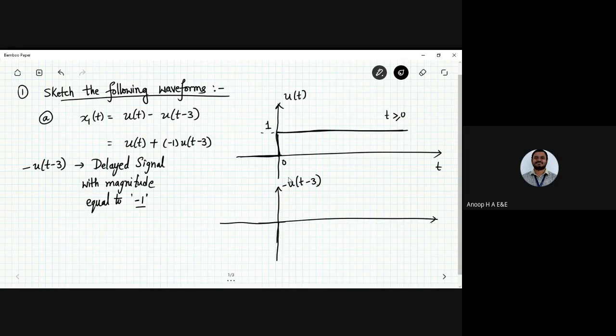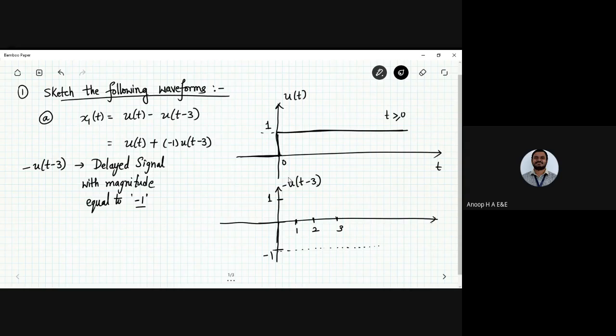What I mean here is the magnitude is minus 1 and this one is plus 1. The minus 1 magnitude is what I have sketched by the dotted line. Carefully observe here, this is 1, 2 and 3.